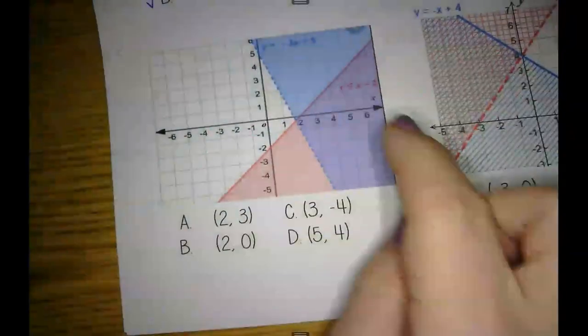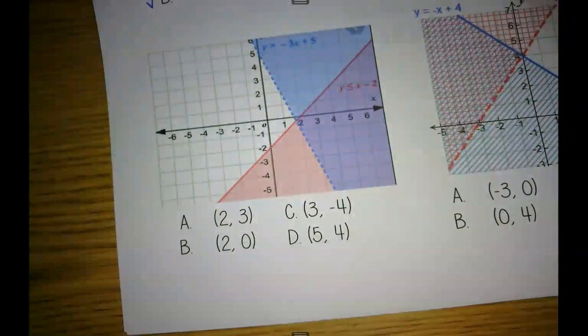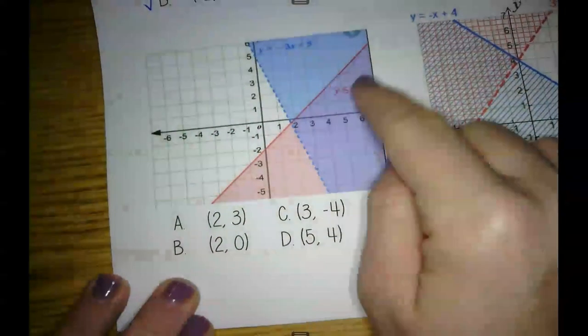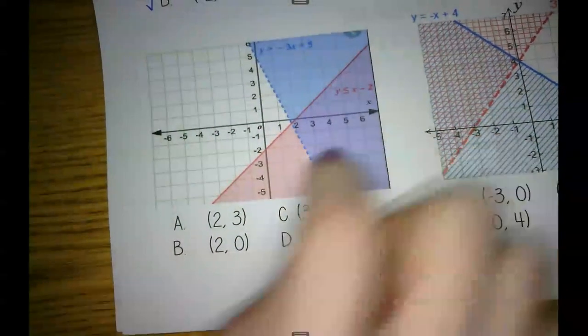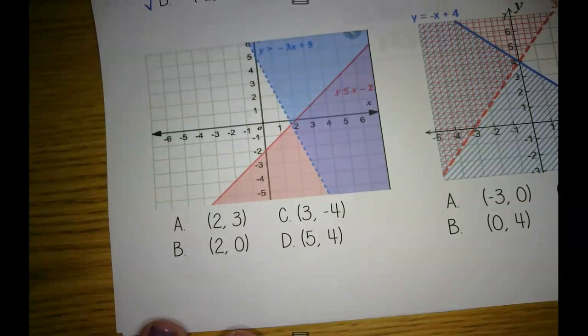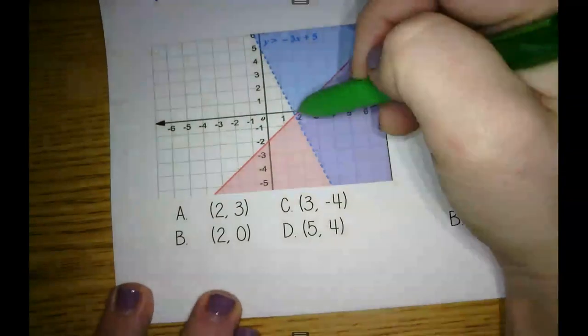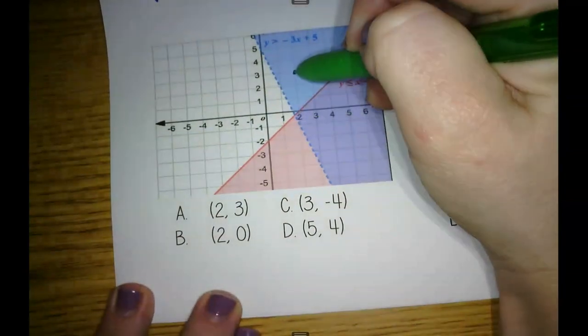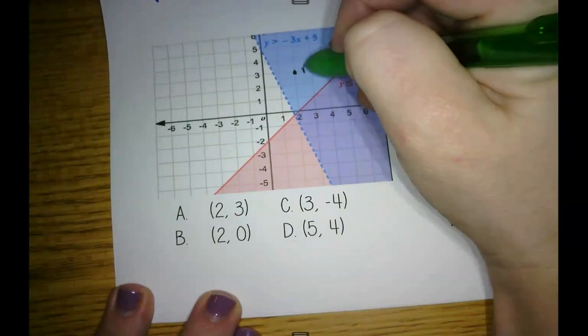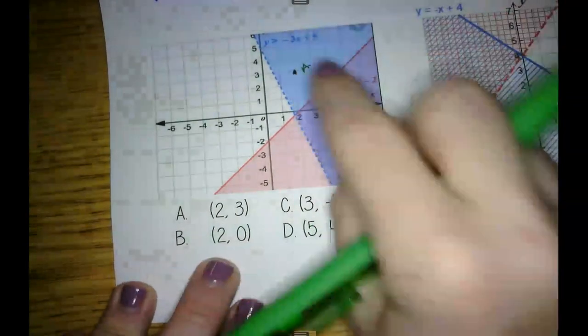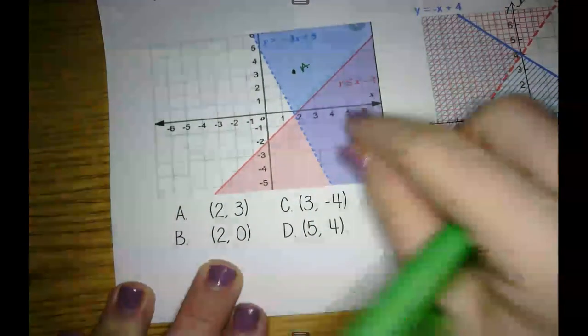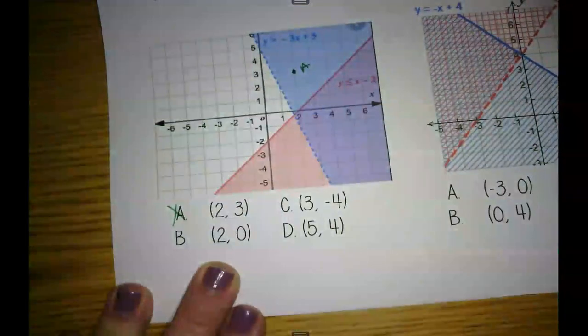So it's really easy when they go ahead and give it to you. If it looks like this, then you look at where it's the darkest or where it's purple, depending on what version you get. So we've got 2, 3, that's in a shaded area, but it's not in the combined shaded area, so that's not a solution.